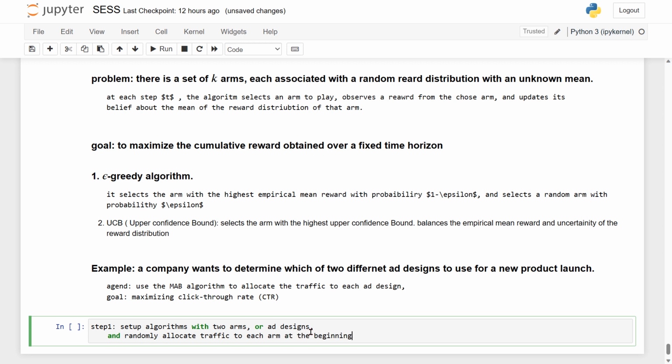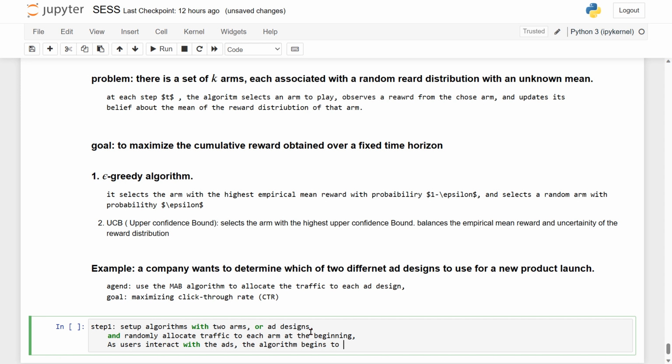As users interact with the ads, the algorithm begins to learn which ad is performing better in terms of CTR.